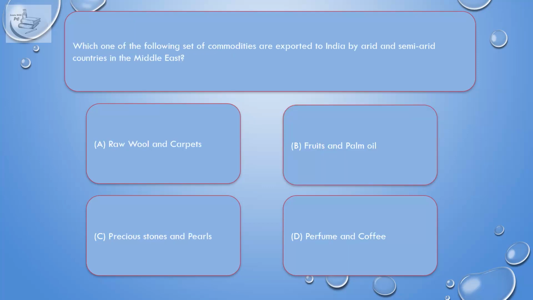Question: which one of the following set of commodities are exported to India by arid and semi-arid countries in the Middle East? A. Raw wool and carpets. B. Fruits and palm oil. C. Precious stones and pearls. D. Perfume and coffee.